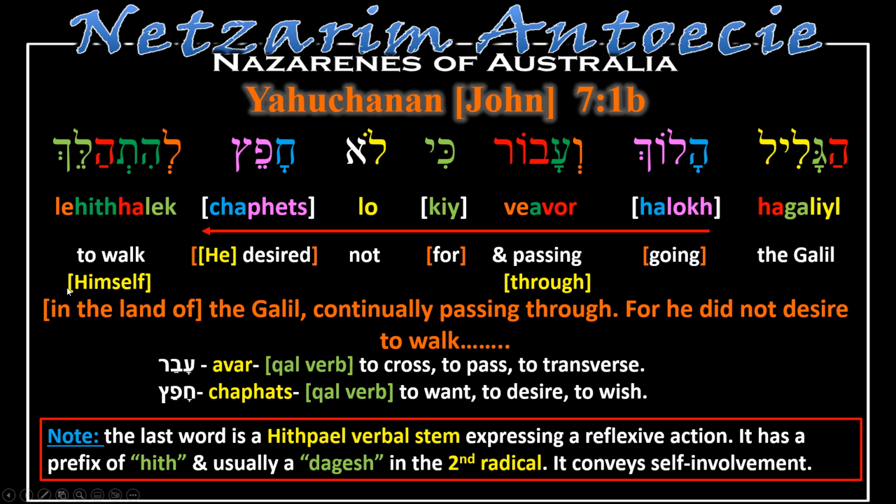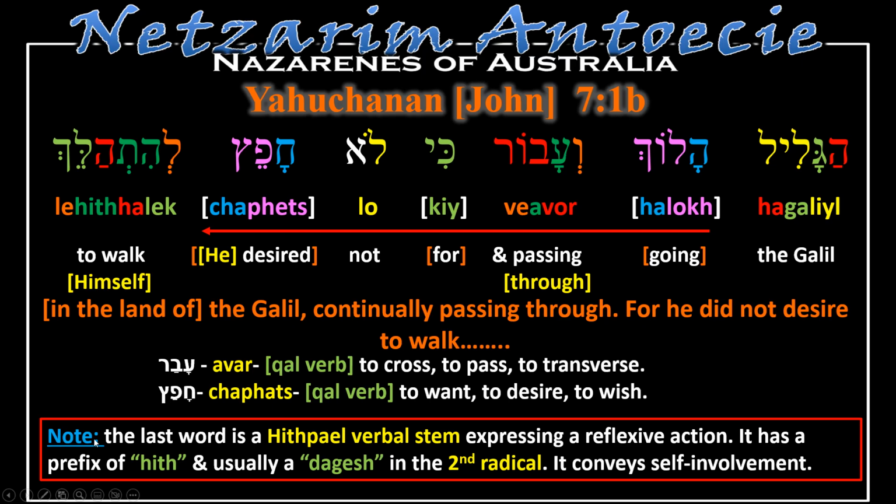And many translations will have himself, because it's about him, of course. And the translation: in the land of the Galil, continually passing through, for he did not desire to walk. And I've also given you avar, which is a cal verb to cross, to pass, to traverse. And that's the root word of this one.